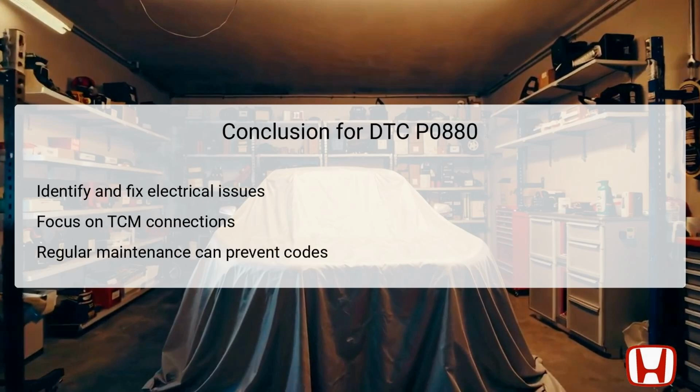In summary, addressing DTC P0880 requires a systematic approach focused on identifying and rectifying electrical issues related to the transmission control module. Understanding the integral role of both the TCM and the input signal dynamics is essential for effective troubleshooting. The emphasis should be placed on checking wiring connections, inspecting critical fuses, and ensuring grounding integrity throughout the system.